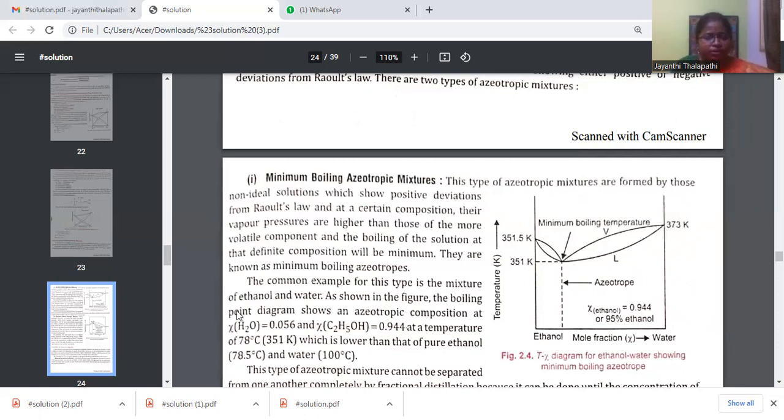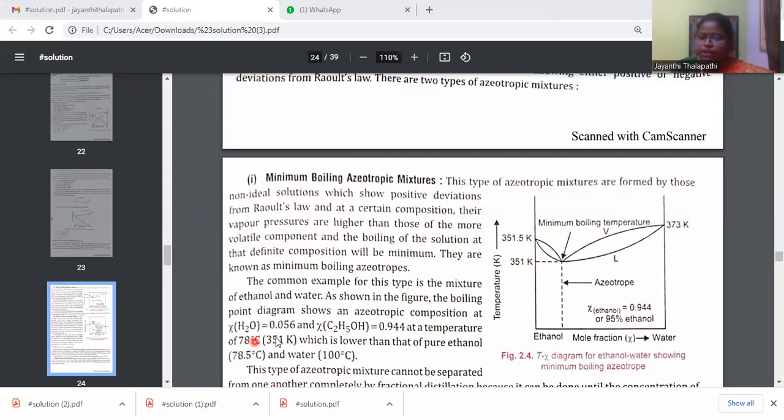So over here, the same example they've given, water and ethanol. Water's boiling point is 100 degrees Celsius, we all know, right? Ethanol's boiling point is 78.5 degrees Celsius.